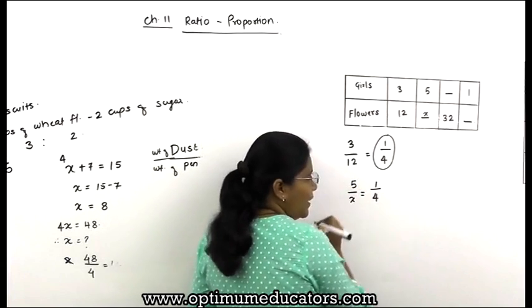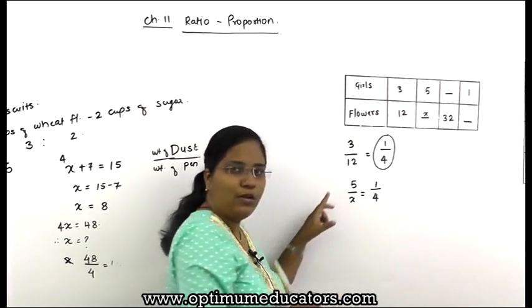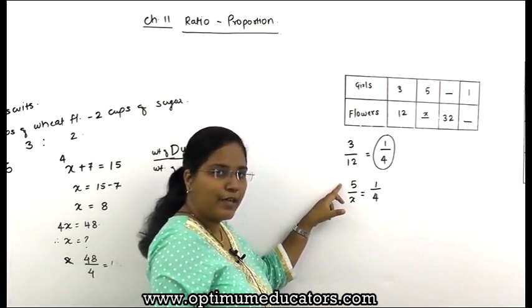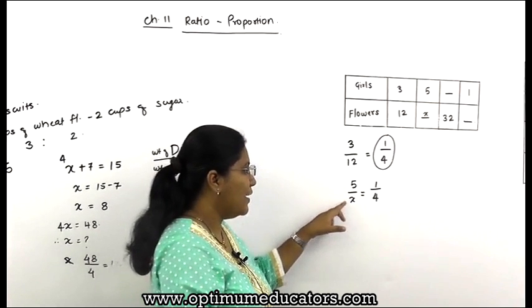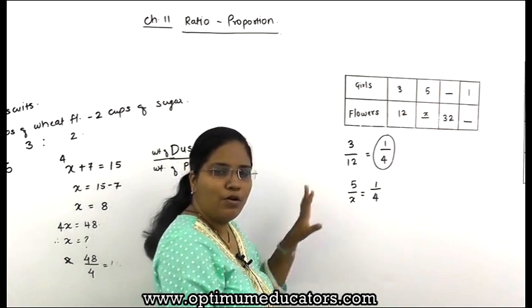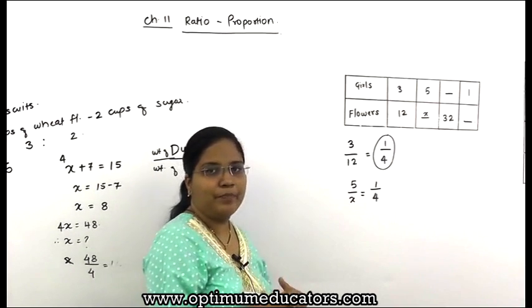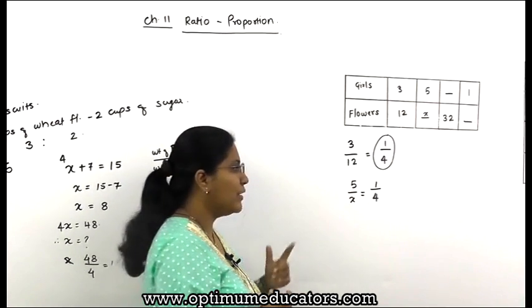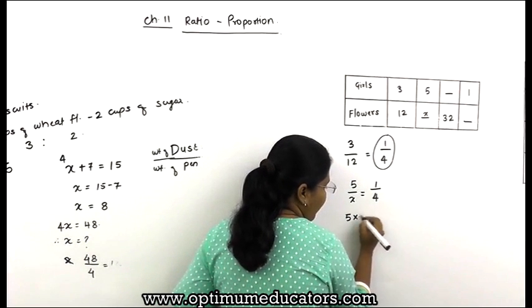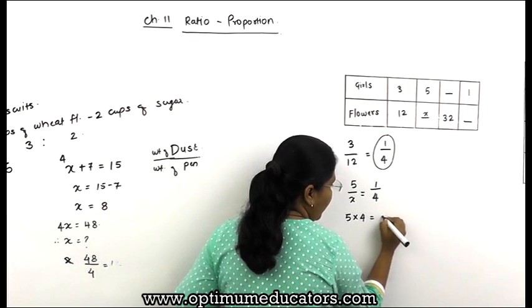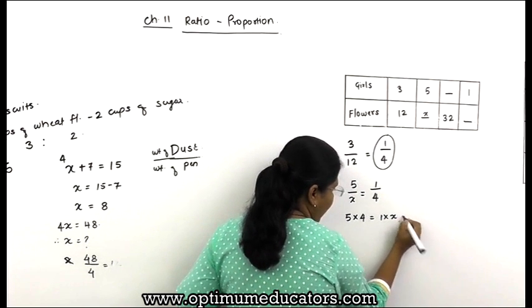So 5/x is equal to 1/4. Let us cross multiply. I'll teach you a common technique: by cross multiplying you will get the answer easily. 5 into 4 will be equal to 1 into x.